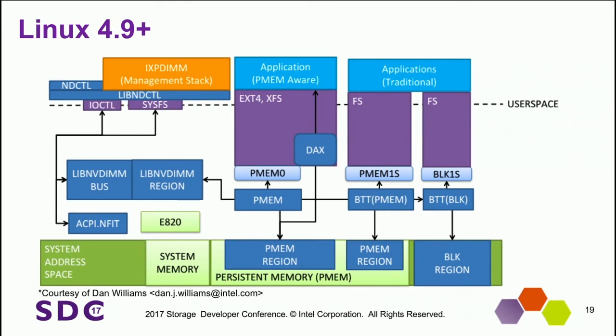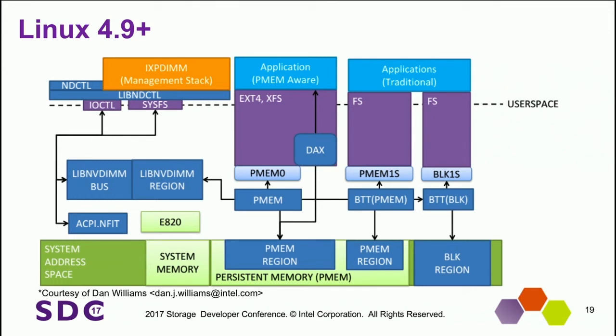So for each type of access method, libNVDIMM provides a device driver: a PMEM device driver, which drives a system physical address range, and a block driver, which drives I/O using a set of platform-defined apertures, which is specific to just one DIMM.